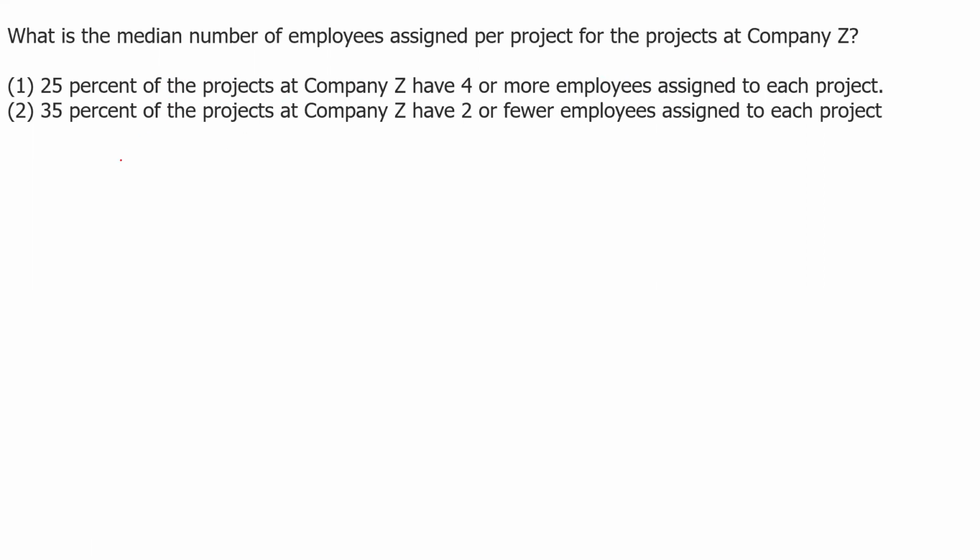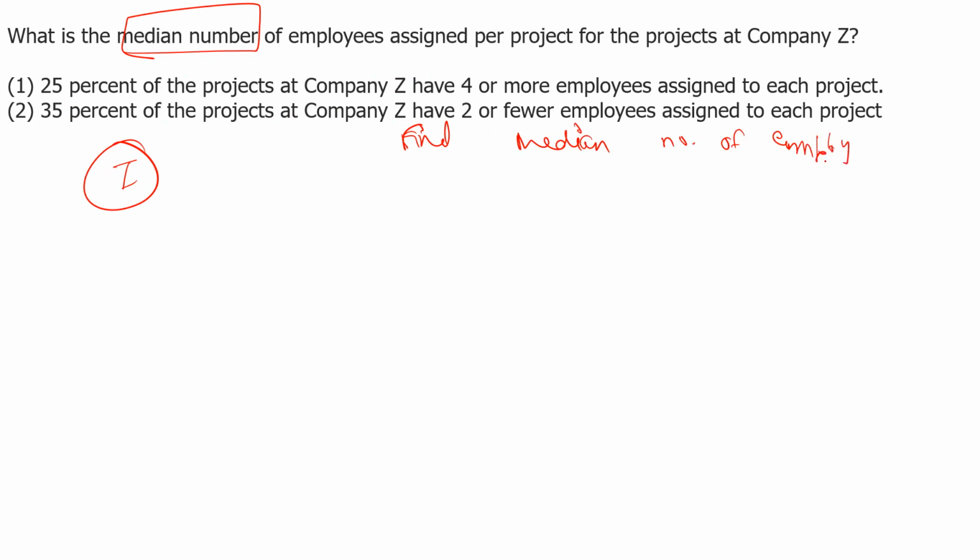So statement number one is trying to say that 25% of the projects at company Z have 4 or more employees assigned. Firstly, we have to figure out what the median is. So in the beginning, I will write: we have to find the median number of employees assigned.